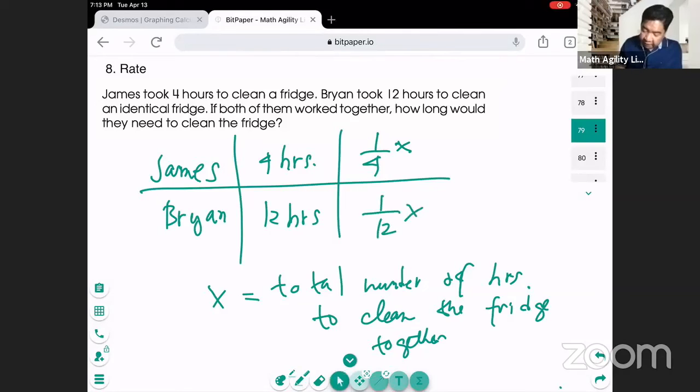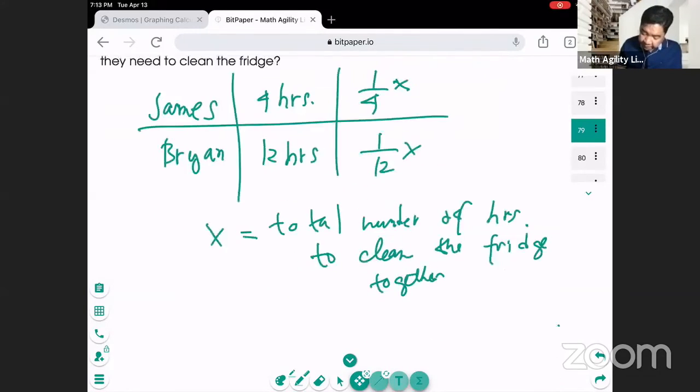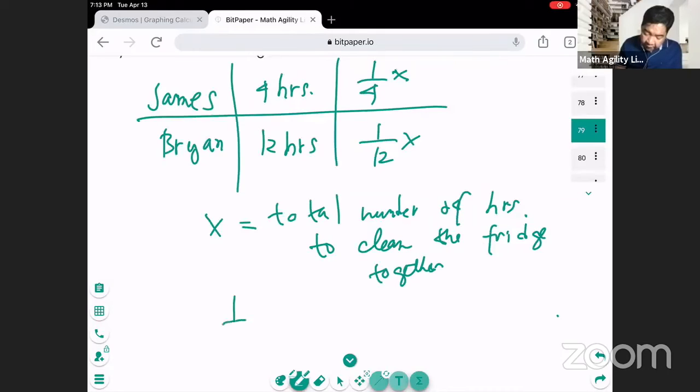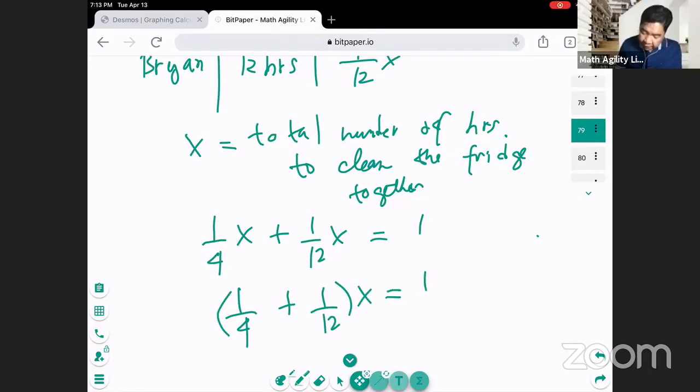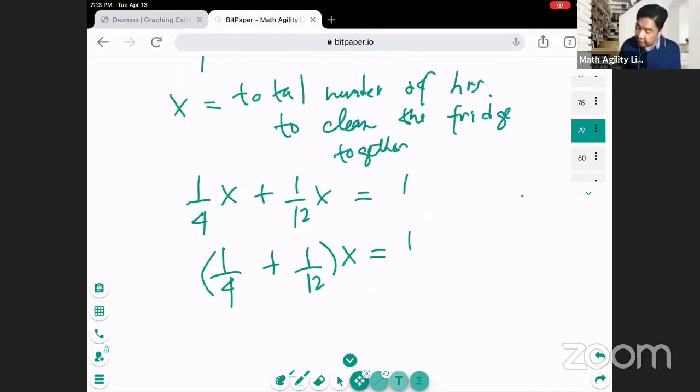So if we try to add this together, 1/4 of x plus 1/12 of x should be 1, right? Because it's the whole. So let's try to factor out x. And then let's solve 1/4 plus 1/12.